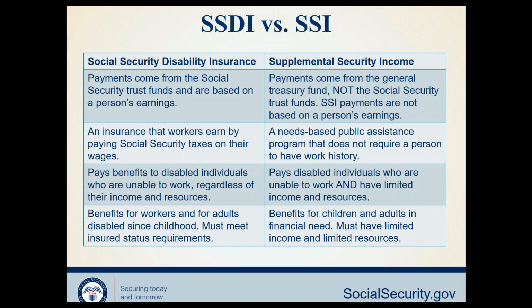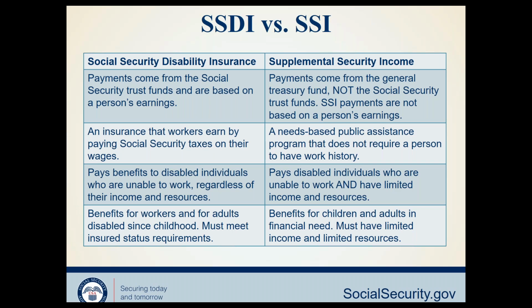SSDI versus SSI. When an individual files an application for disability benefits with Social Security, we always check on eligibility for both programs. The same medical requirements apply to both programs, but the non-medical requirements are different. Our local Social Security field offices will review your non-medical eligibility.